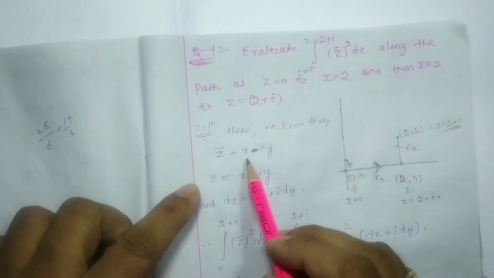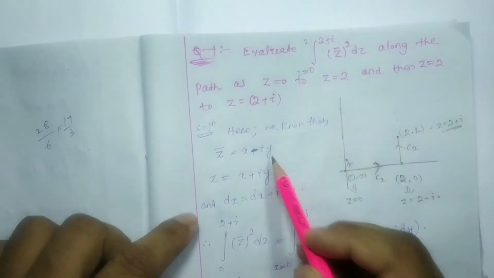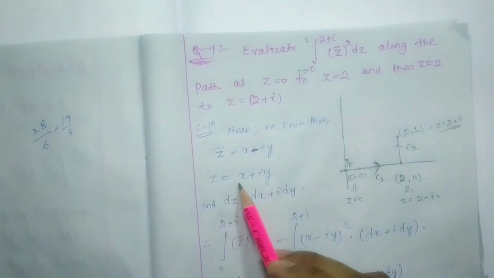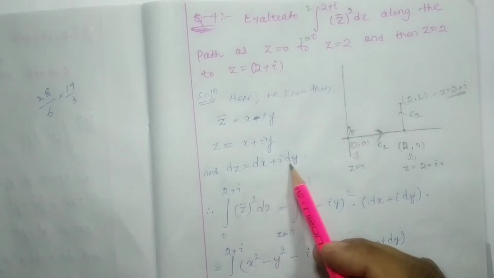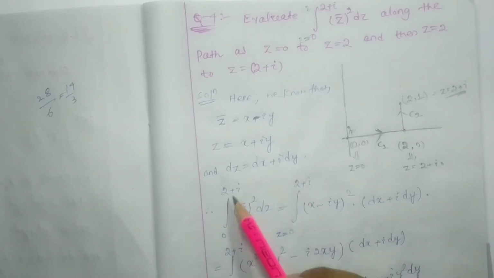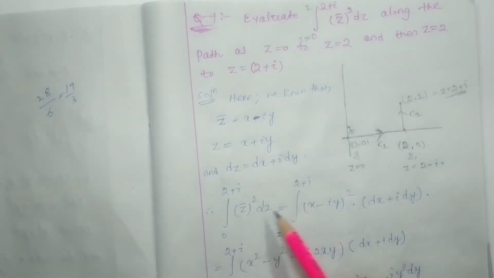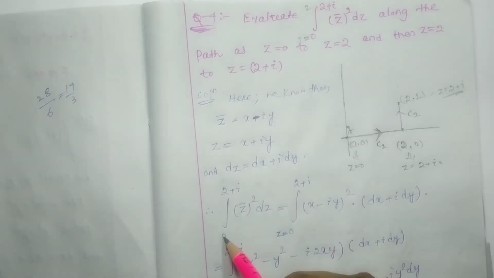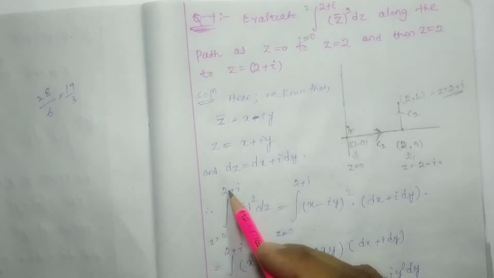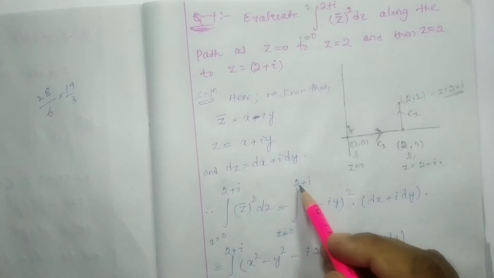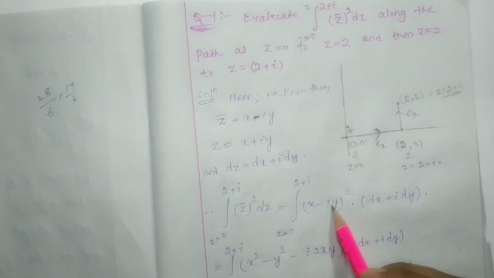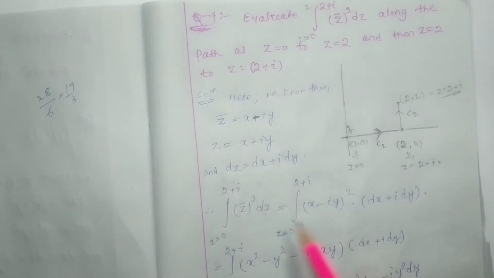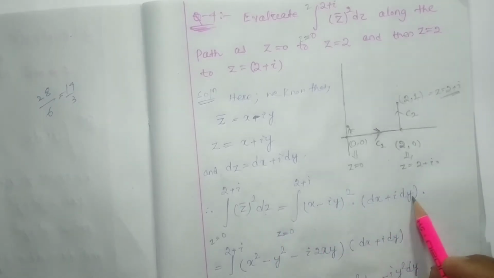We know z bar is x minus iy and z is x plus iy, so dz will be dx plus i dy. So the integral from 0 to 2 plus i of z bar square dz becomes (x minus iy) square into (dx plus i dy).